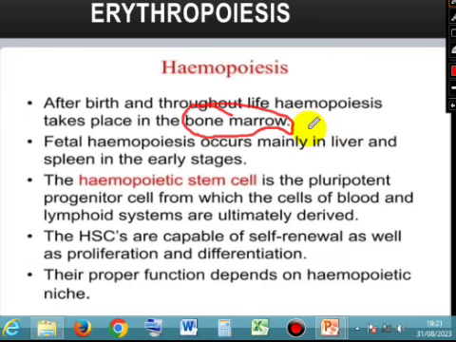Homopoiesis or hematopoiesis refers to the production, the growth, and the maturation of blood cells.